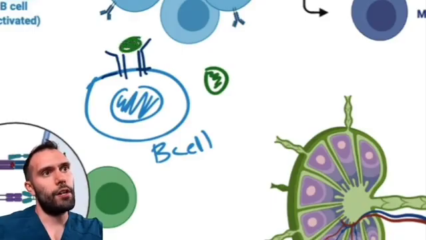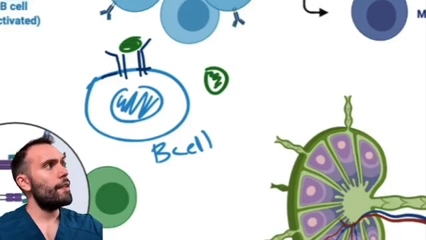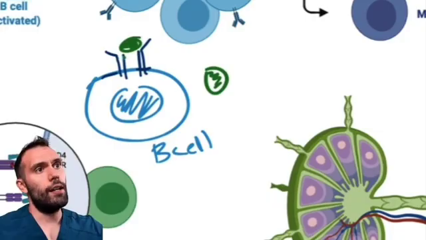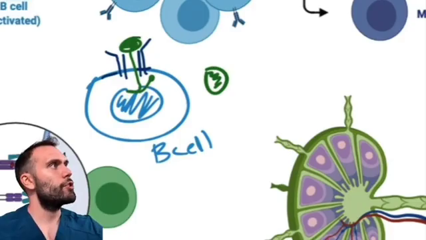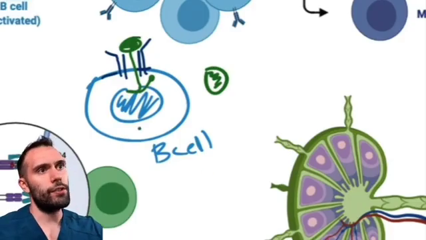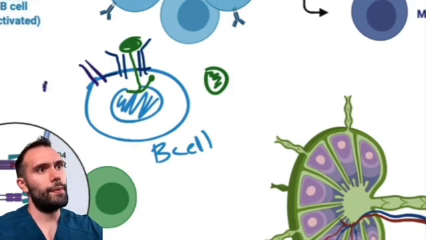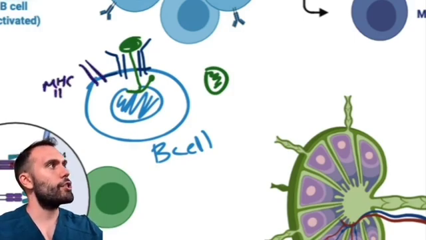Okay, so I'm just going to draw it up here on the B cell receptor. Then what the B cell can do is internalize this antigen or bacteria and then represent it on MHC2, just like the antigen presenting cell did. So I'm going to draw an MHC2 here, and let's just say this is our MHC2 receptor. Okay, so the B cell can now place it on this MHC2 receptor.